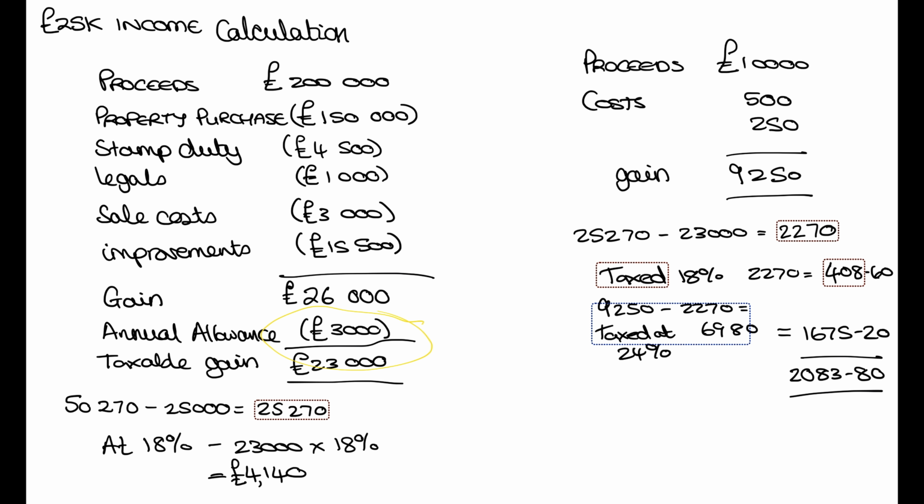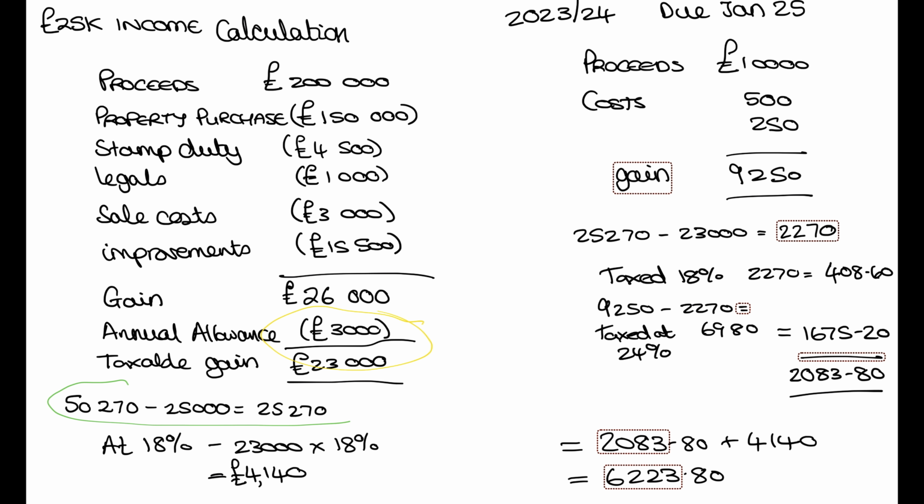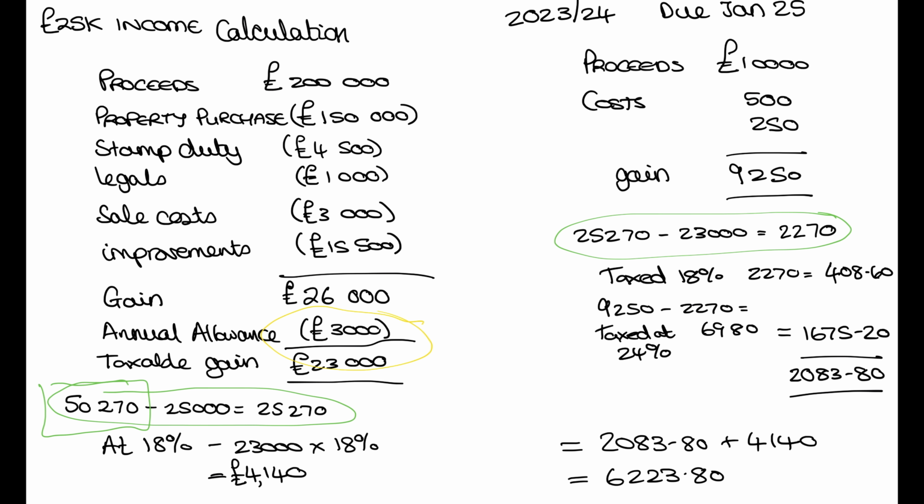Of the 25,270 that we were left with, we've used 23,000. So of our basic rate band, we have 2,270 left. That means we can be taxed at the new rates, which came in with the October budget, at 18% on 2,270, which equates to 408.60.